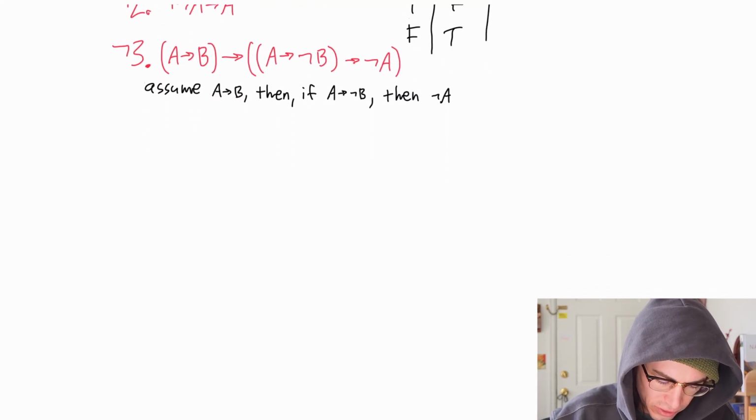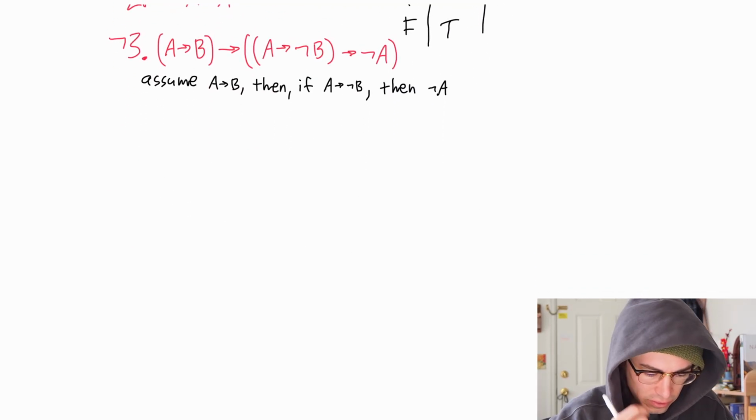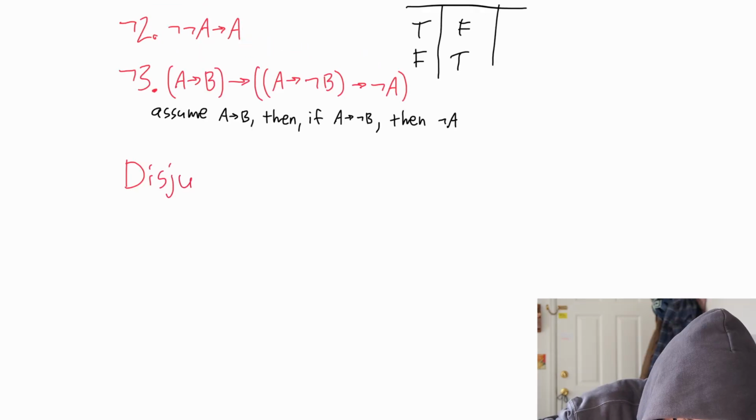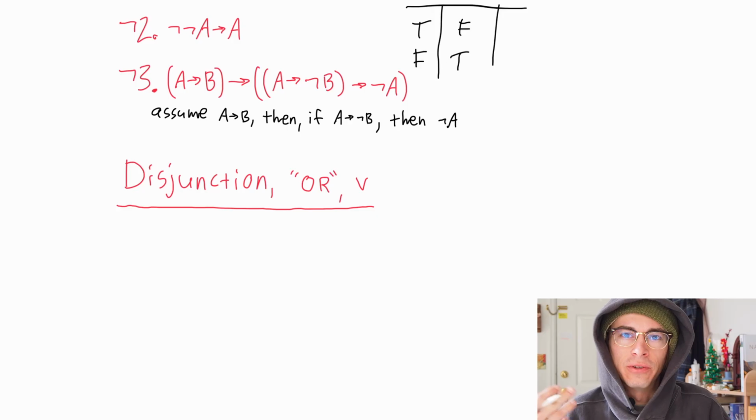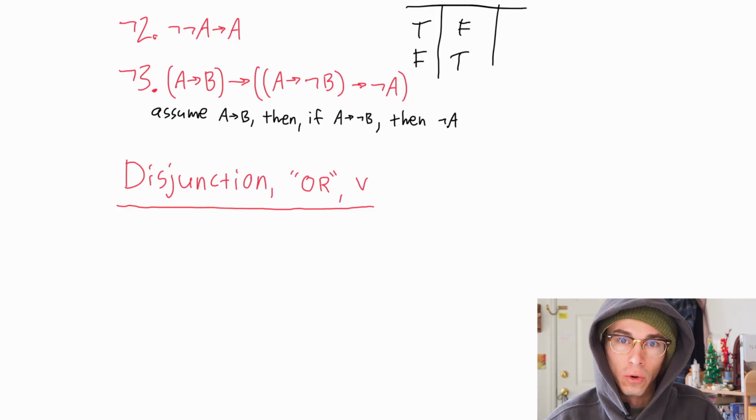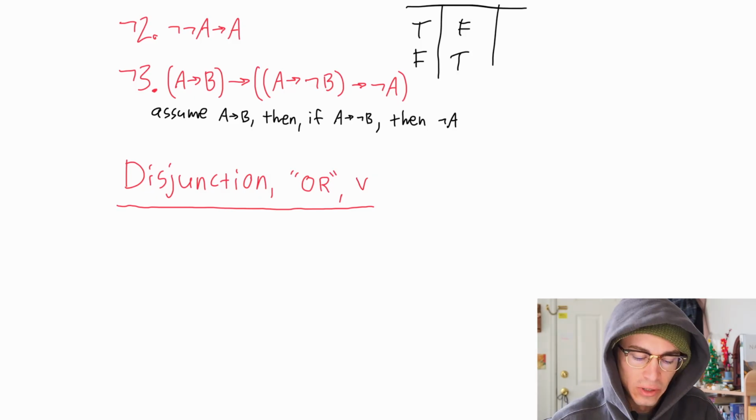Okay, so our first actual connective is called disjunction. Disjunction is basically just "or." When you see it written, think "or." And it's written like this in the notation of propositional logic.